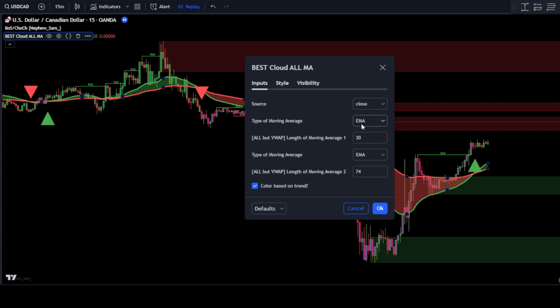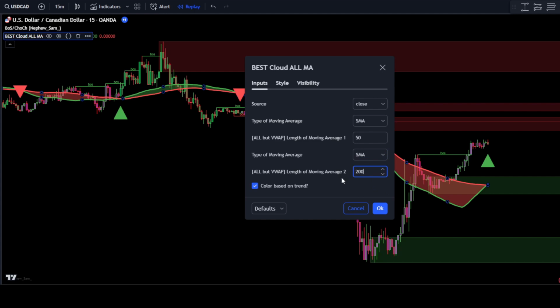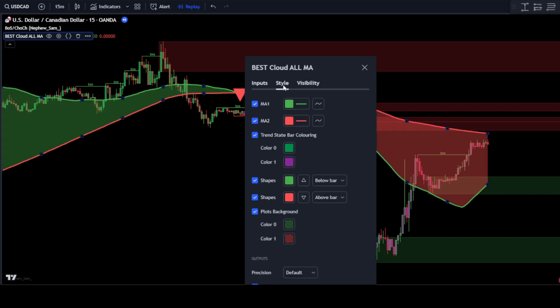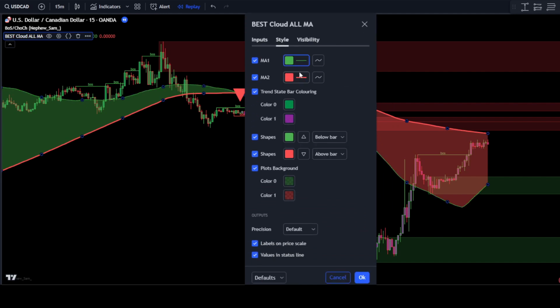In the Input tab, change the type of the first moving average to SMA. For the length of the first MA, change it to 50. Then do the same for the second MA, change the second MA to SMA, and for the length of the second MA, change it to 200. Next, go to the Style tab, adjust the line thickness of the first and second MA according to your preference.